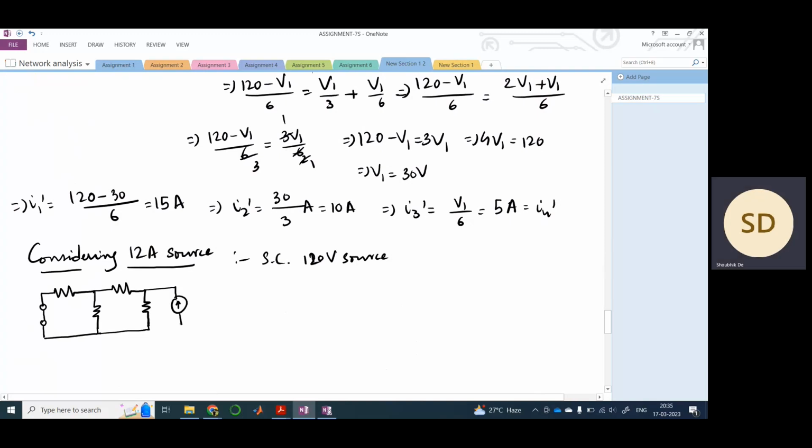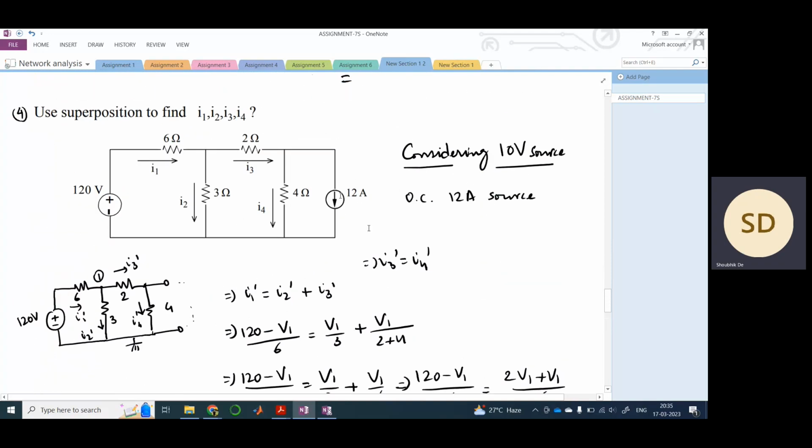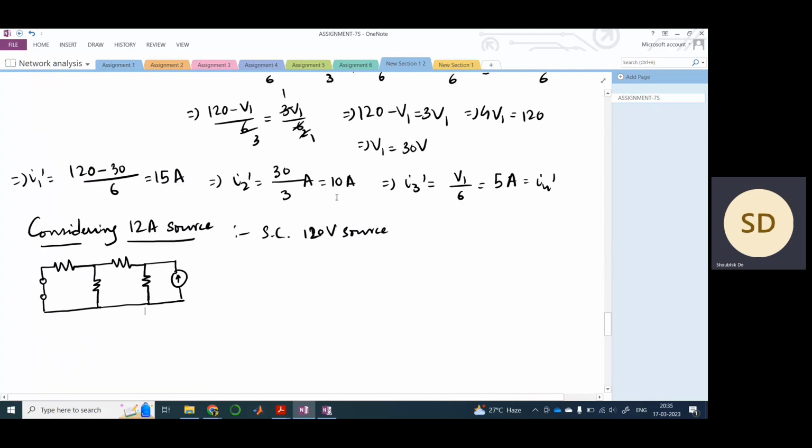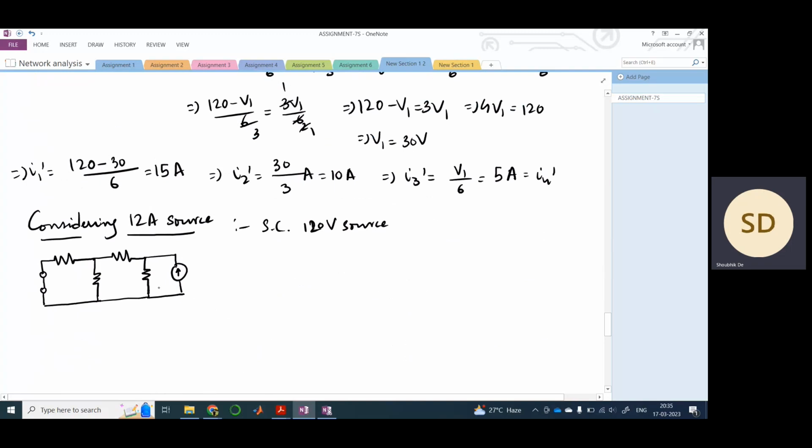And what I am doing here is, carefully see, this 12 ampere source is pointed downwards, right? So I am just pointing it upwards with minus 12 ampere. Essentially it is the same, there is no difference. I'm just pointing it upwards with a negative sign. That means it is actually pointing downwards.